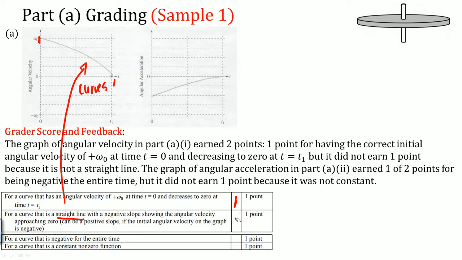This is a 0. Then the curve is negative the entire time. This shows it's negative, but that has to be constant. They didn't get that one. Okay, it's very easy to grade because it's just a graph.